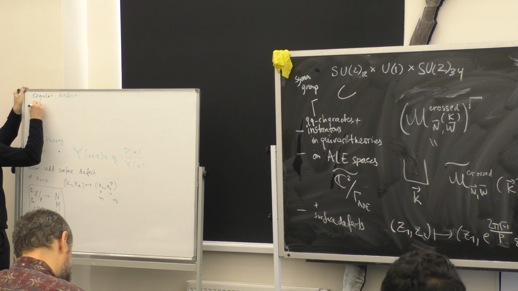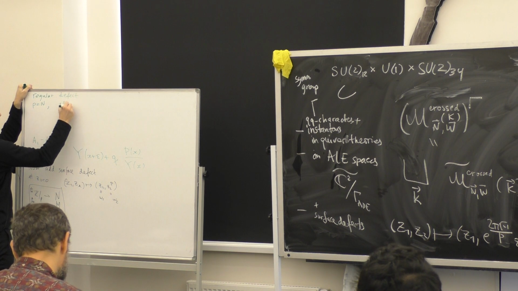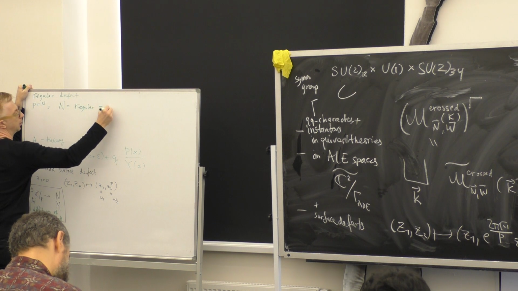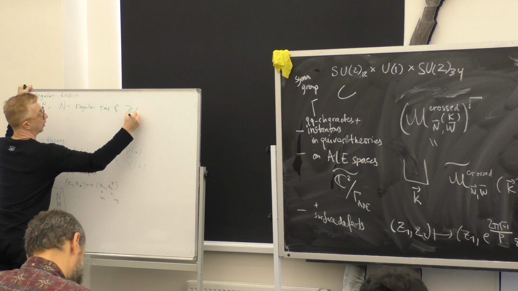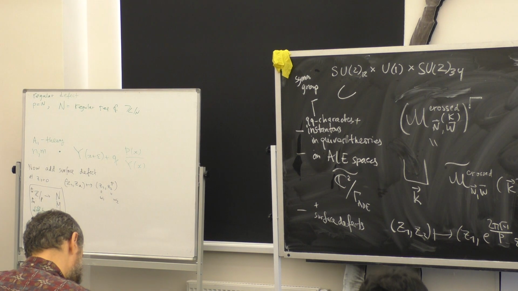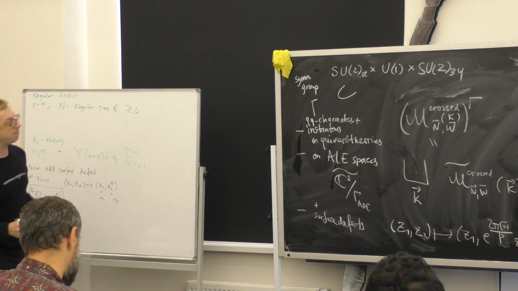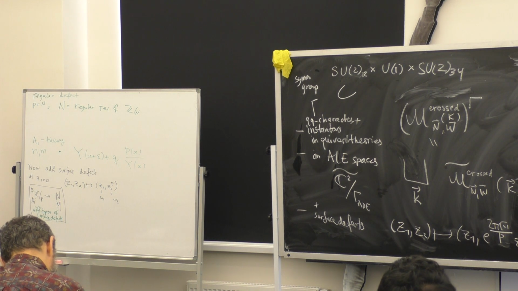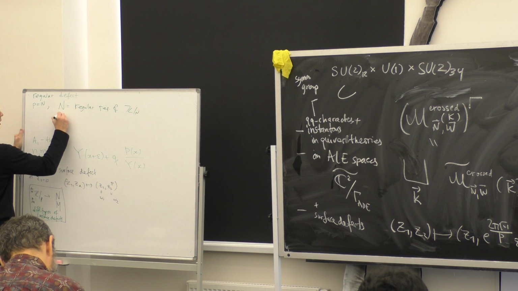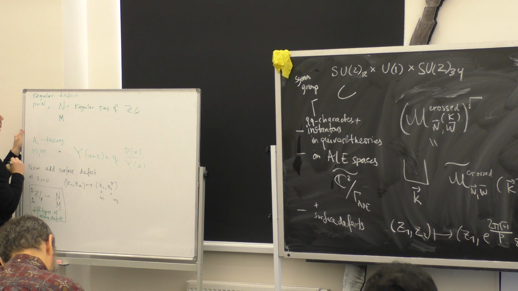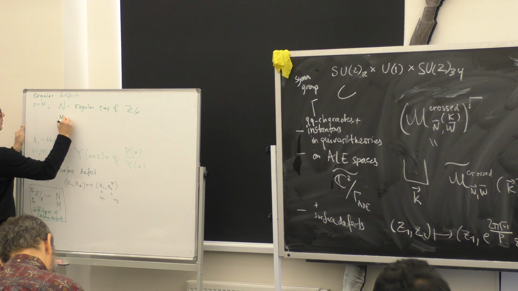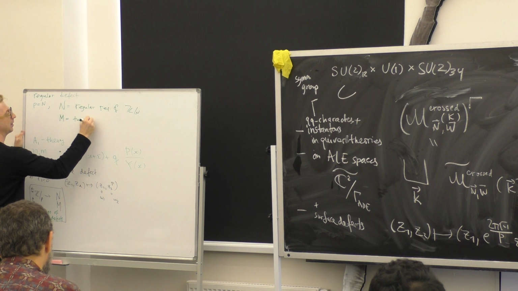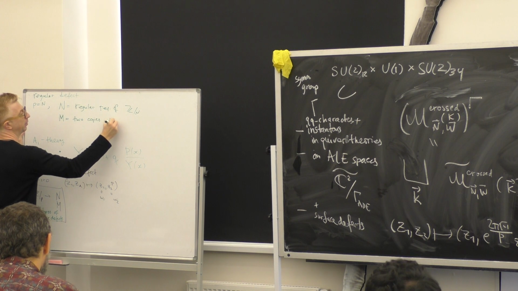For this defect, p is equal to n, and the n space is a regular representation of the orbifold group. In decomposing n into irreducible representations, each representation occurs once. And the m space, for the good theory, is the one where you have two copies of the regular representation.